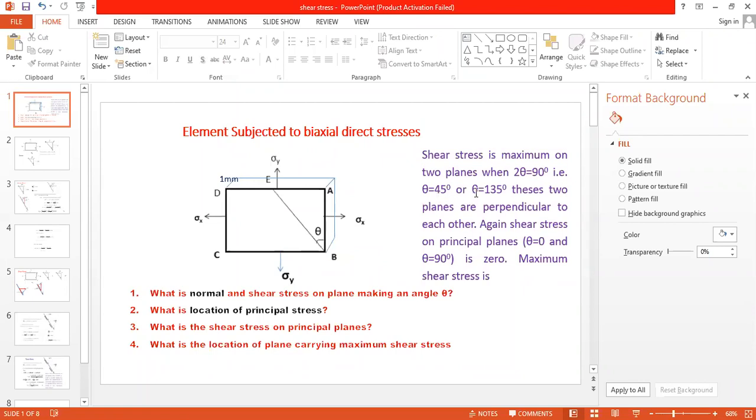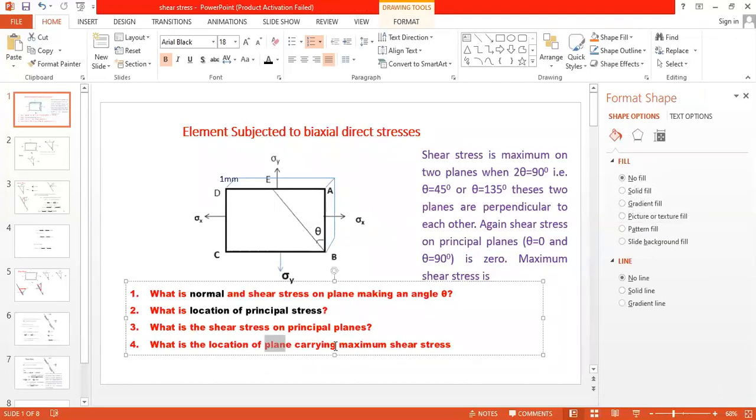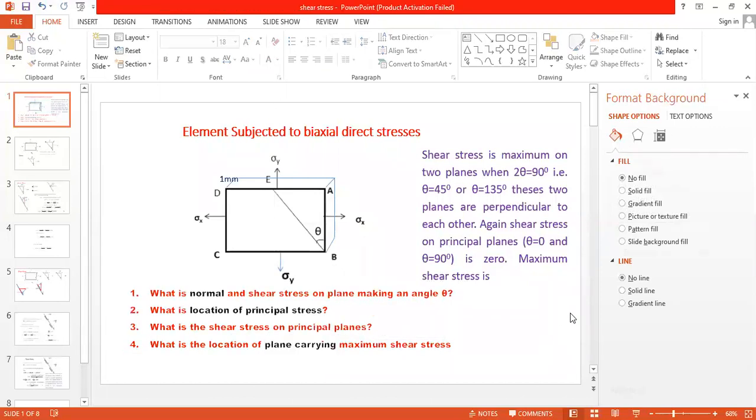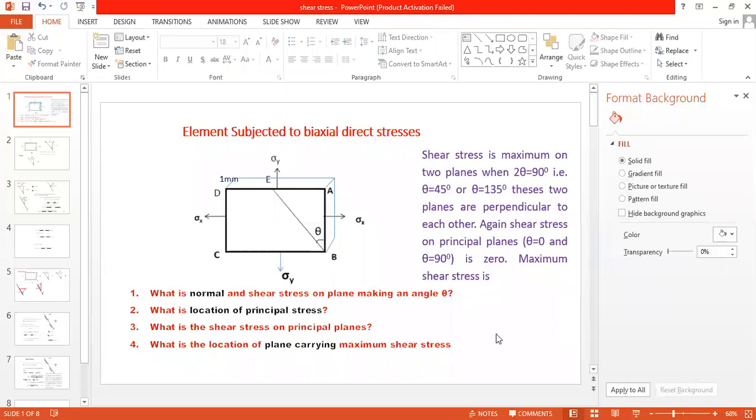Or when theta is equal to 135, then also this value is maximum. That means maximum shear stress you will get on planes making an angle 45 degree or 135 degree. Have you got the position of the plane carrying maximum shear stress? Any doubt here?